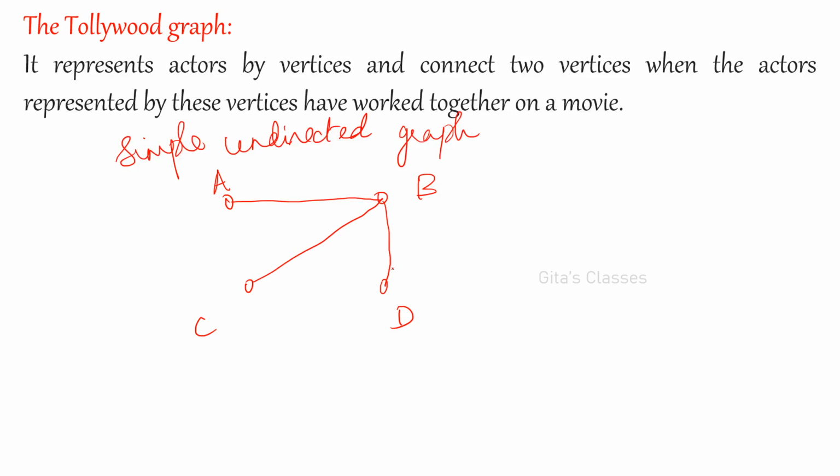B and D have acted together. That means B is an actor or actress who has acted with A, C and D. So A and D, they don't have any common movie in which they have acted. C and D, they have not acted in the same movie. They did not work together like that. You can replace A, B, C, D with your favorite actors.